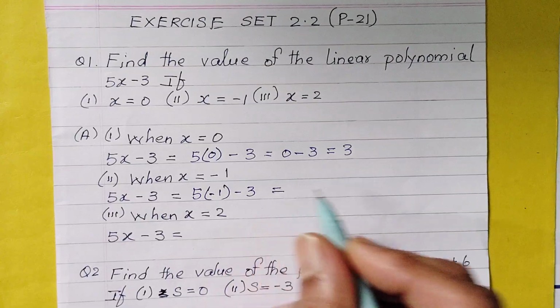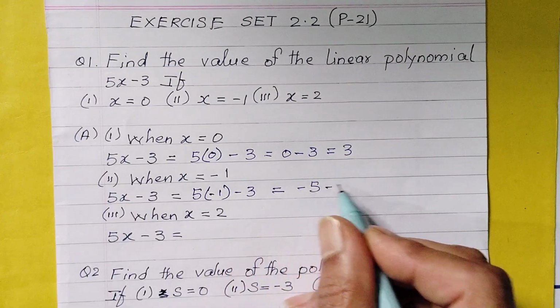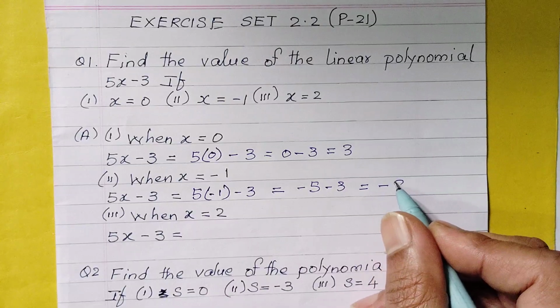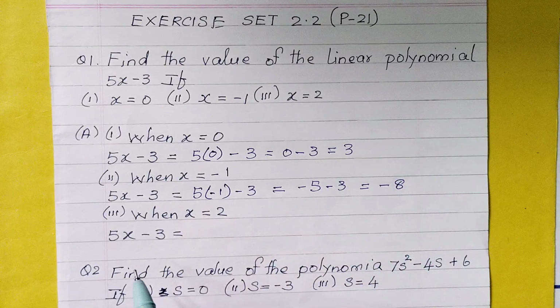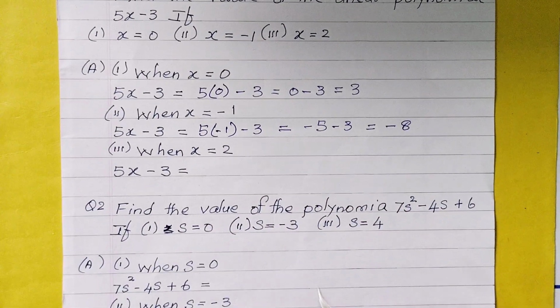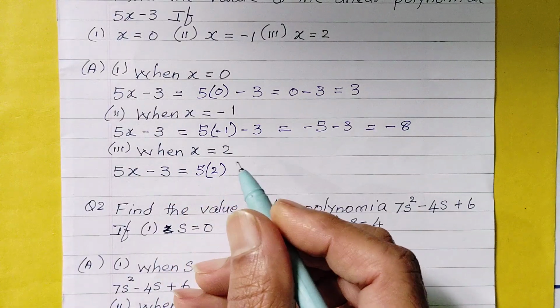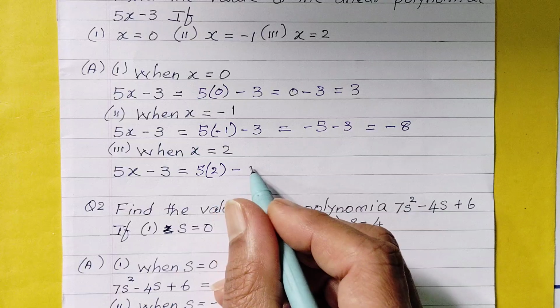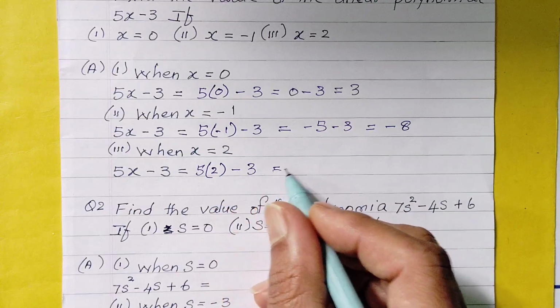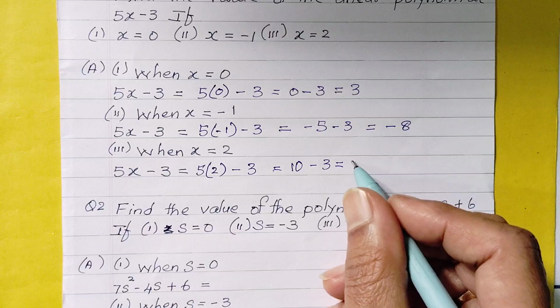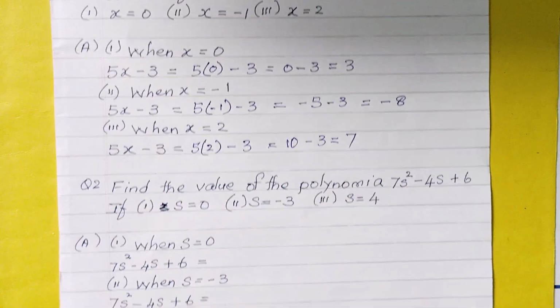So 5 into minus 1 is minus 5, minus 3, is minus 8. When x equal to 2, 5 into 2 minus 3, that's equal to 10 minus 3, that's equal to 7.